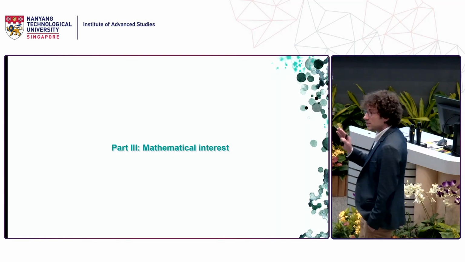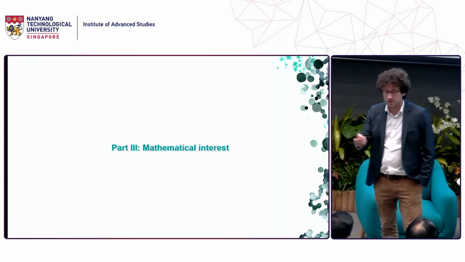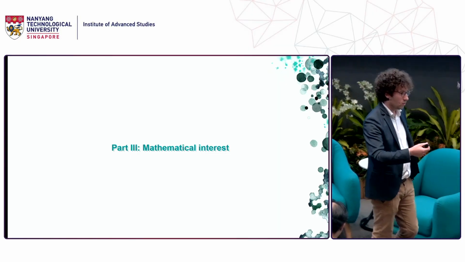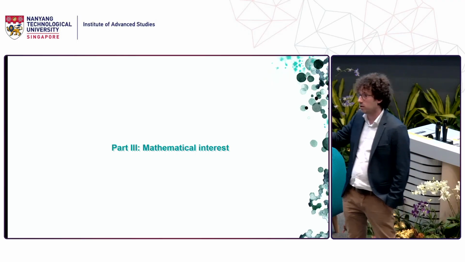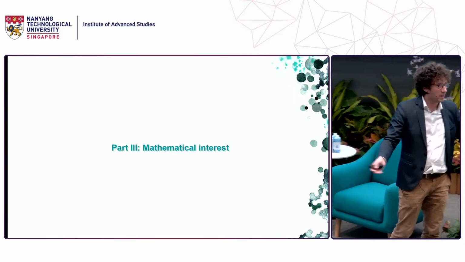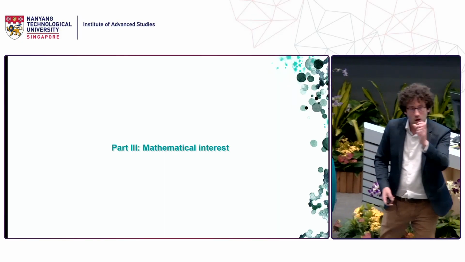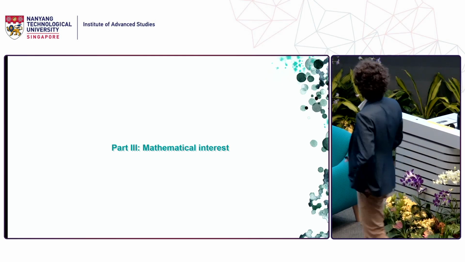Okay, that was for the non-mathematical interest. There are many others. It was said that you can also model the spread of a disease or rumor thanks to percolation, etc. I could make a very long list of applications, but let me now focus on why we are interested mathematically in this model.